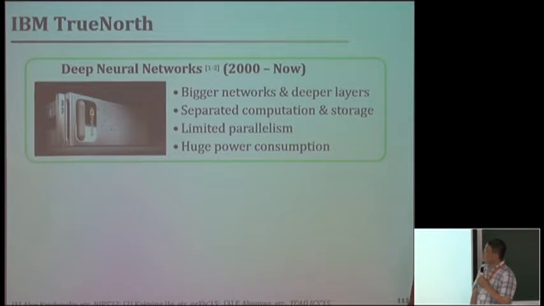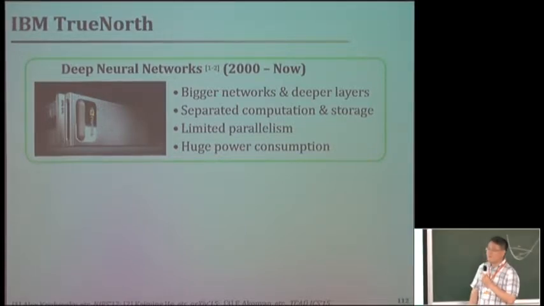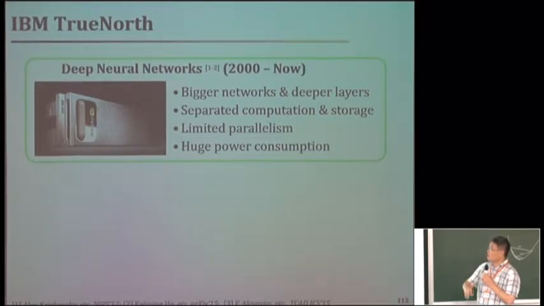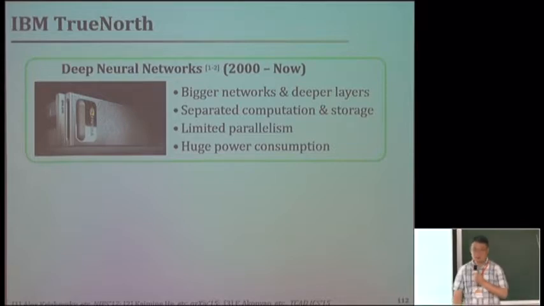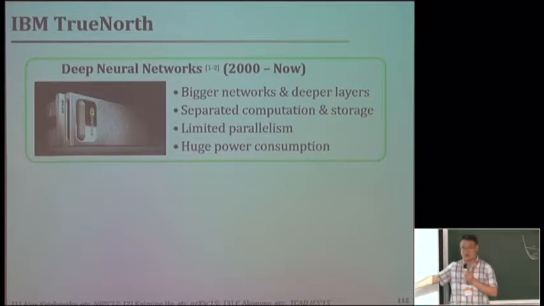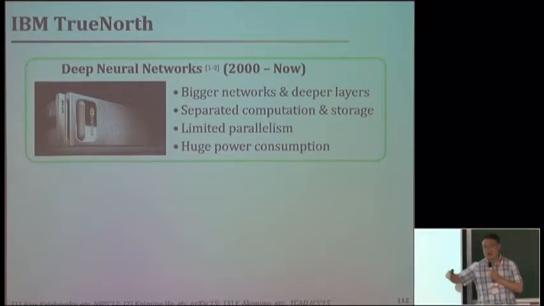The evolution of the deep neural network in the last 15 years is basically this. They're using bigger and bigger networks, deeper and deeper layers. They separate computing and storage, so they have a GPU here and all the data there, and every time they rely on the memory interface to load all the data to the CPU or GPU when they run.